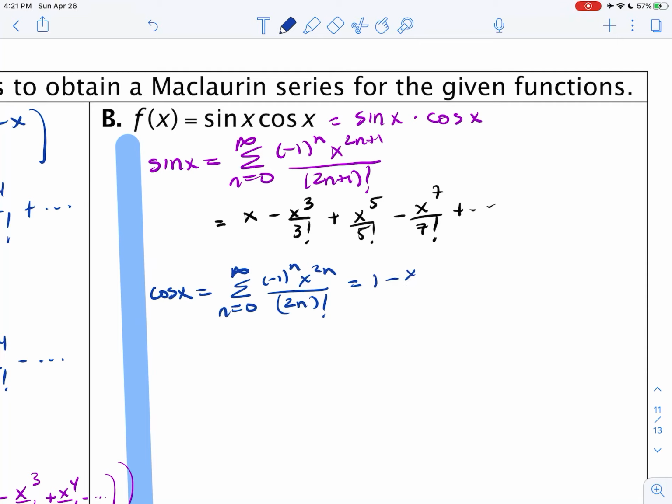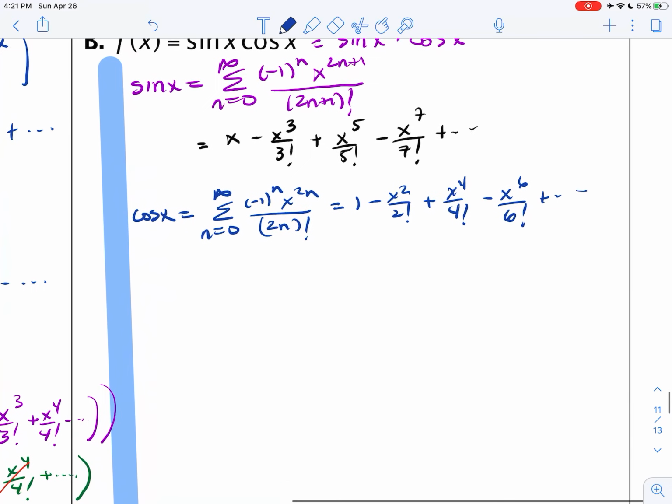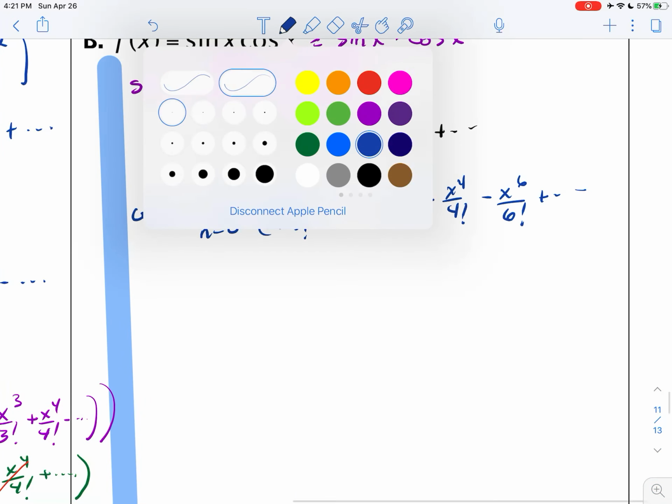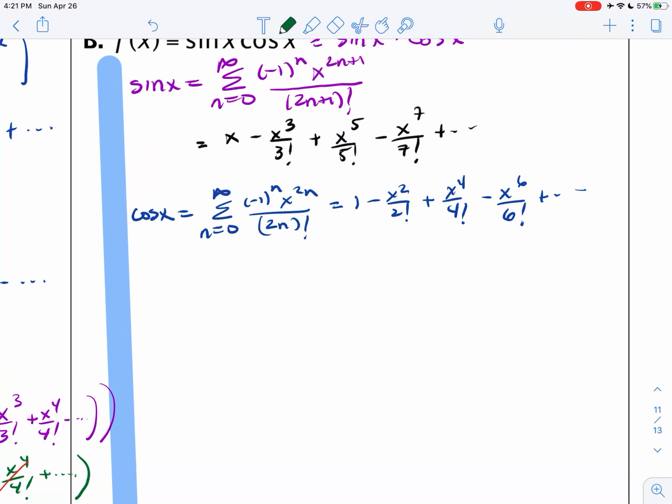And this ends up starting with 1, minus x squared over 2 factorial plus x to the 4th over 4 factorial minus x to the 6th over 6 factorial. Good. So how would we put together a sine times cosine?